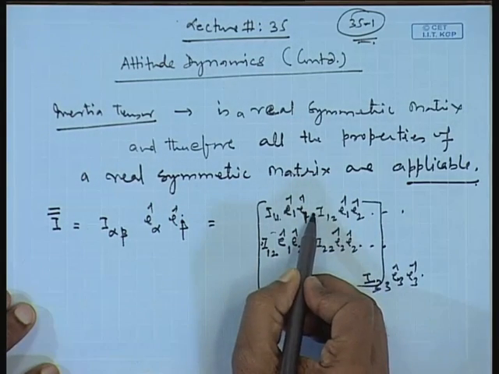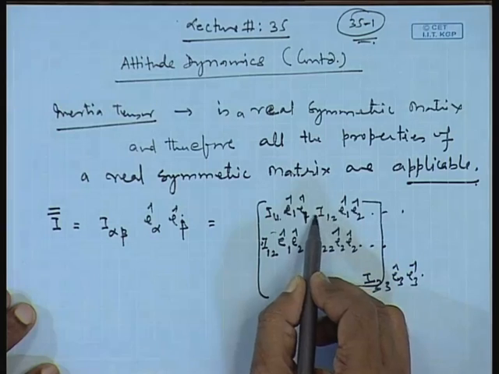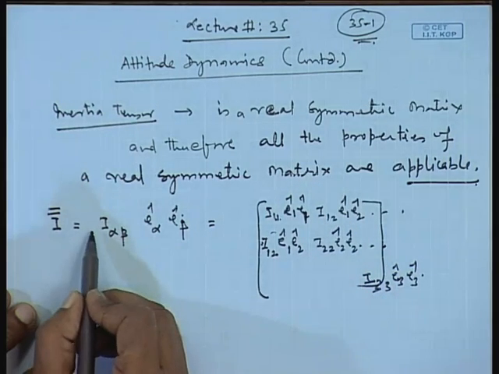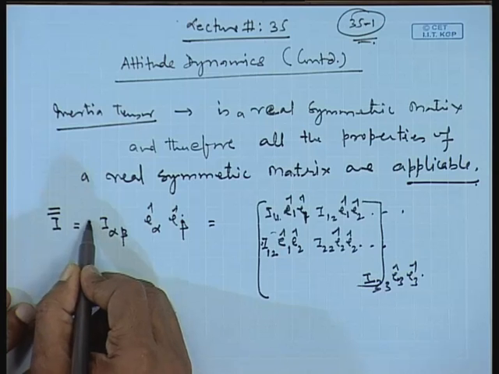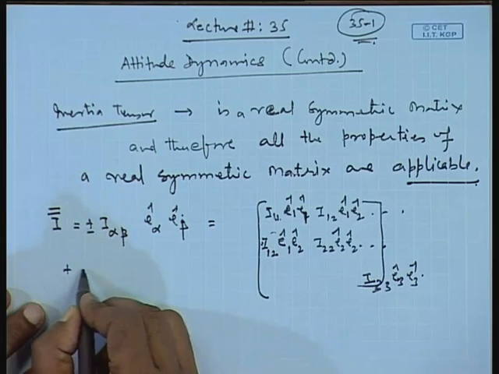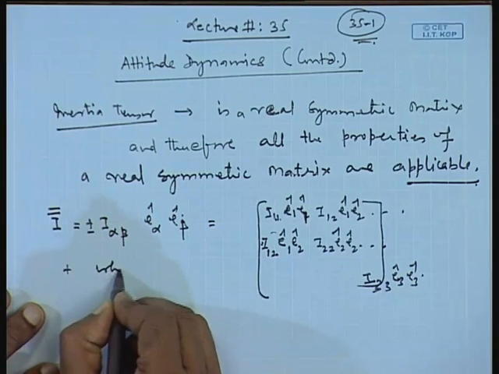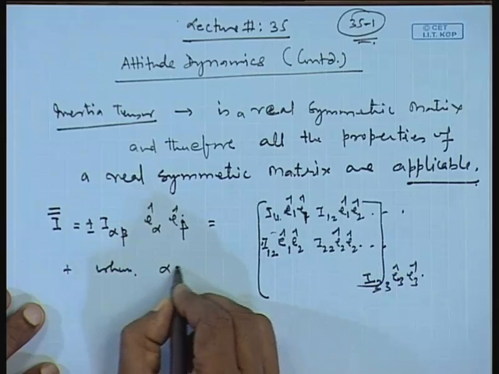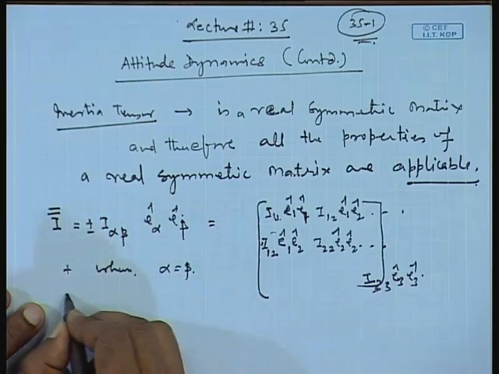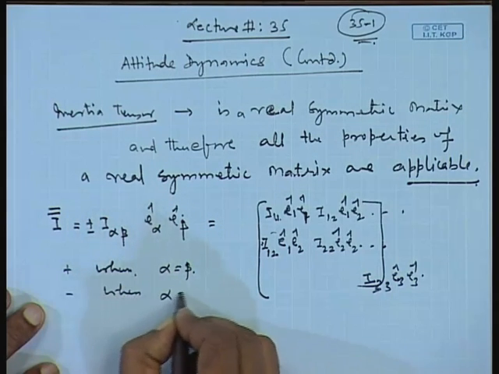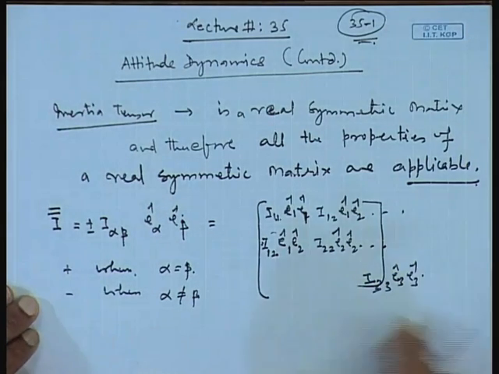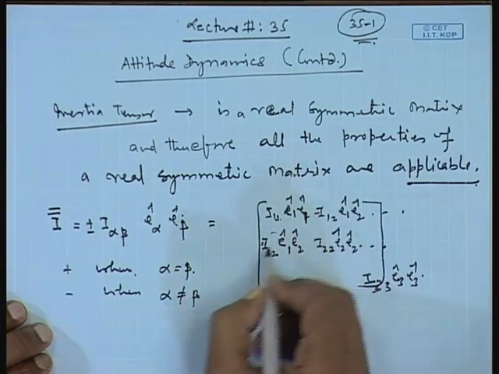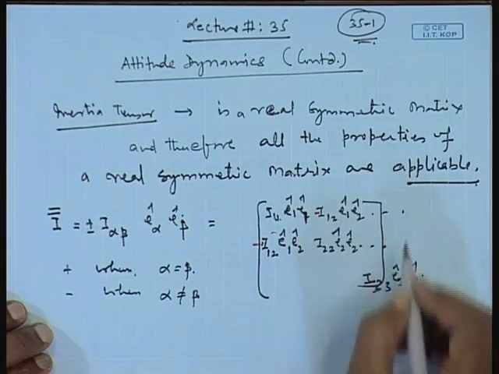As I told you, the minus sign you can absorb in this place. If you absorb the minus sign, we can put here plus minus sign: plus when alpha equal to beta, minus when alpha not equal to beta. That way you will be able to absorb the negative sign in all these places. Okay.